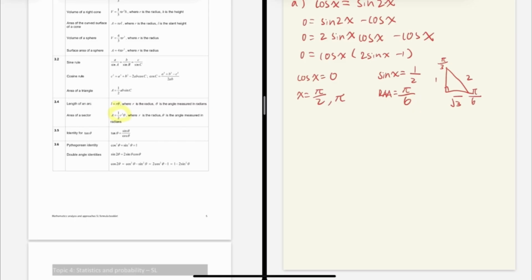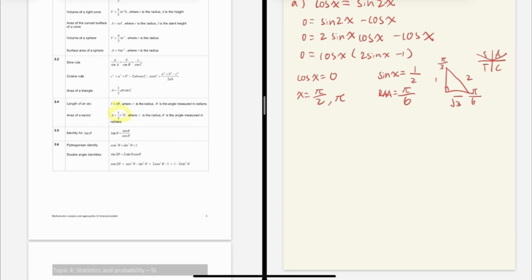Then, according to our CAST diagram, sine is positive here and here.